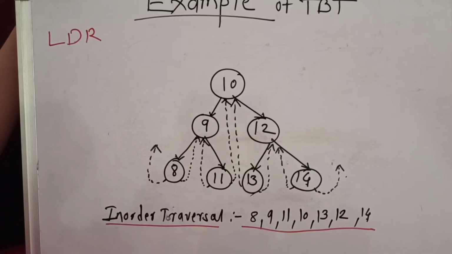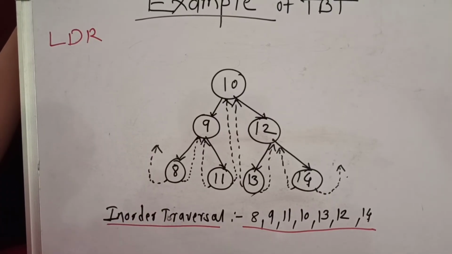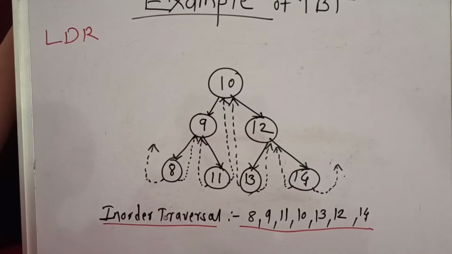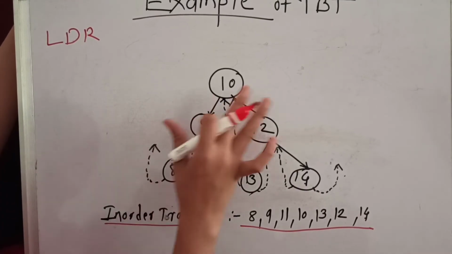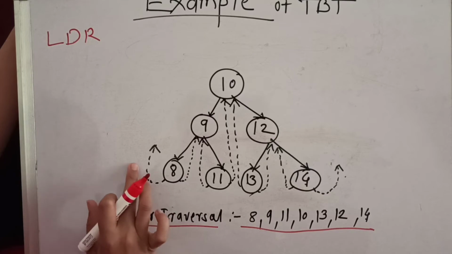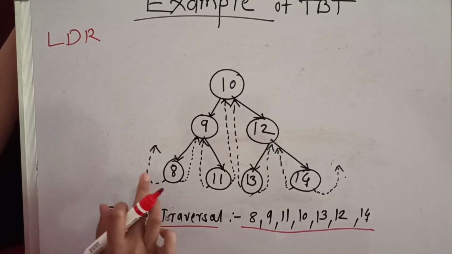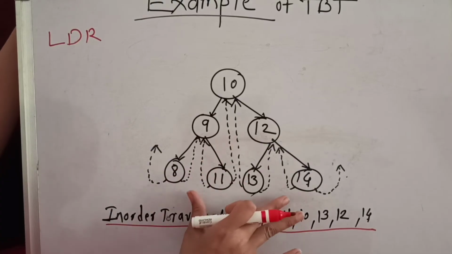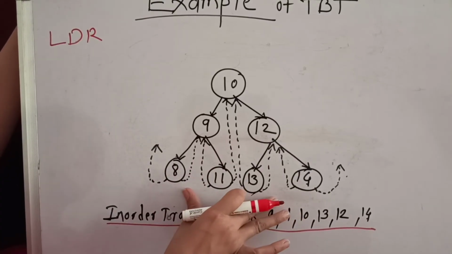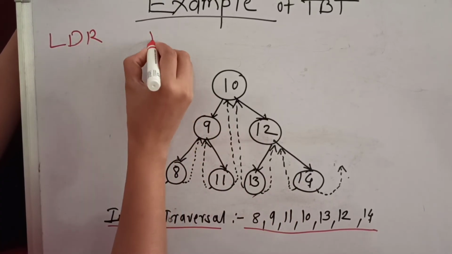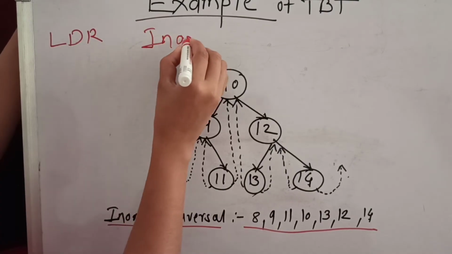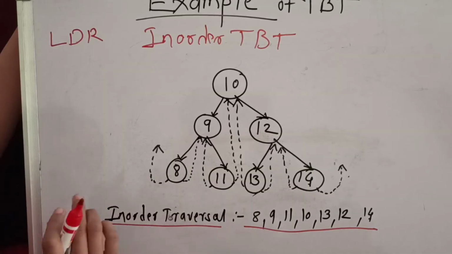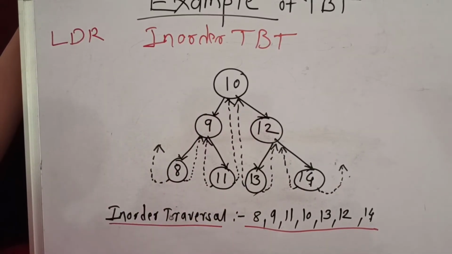Now in the case of the threaded binary tree, we can create a single threaded binary tree and also a double threaded binary tree. Here I have set the previous threads also, that means the left child threads and the right child threads. So this is the example of the double threaded binary tree, and we are creating the in order TBT.